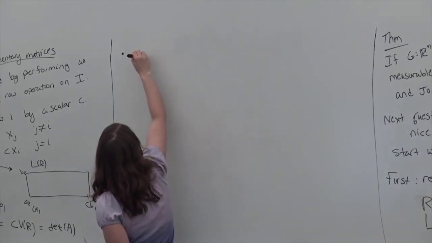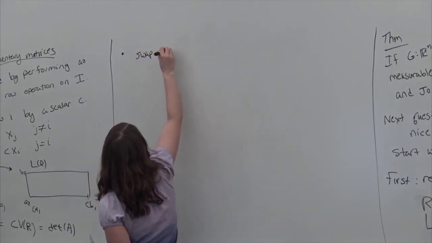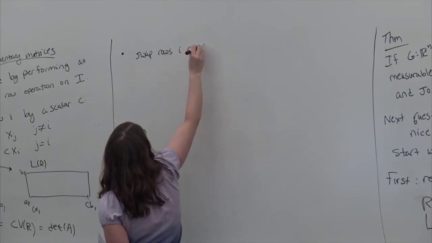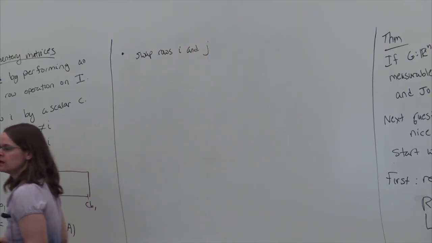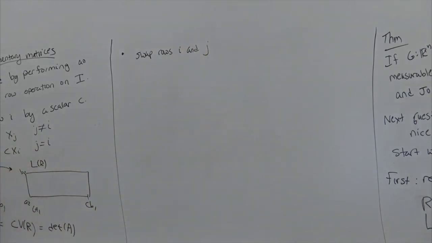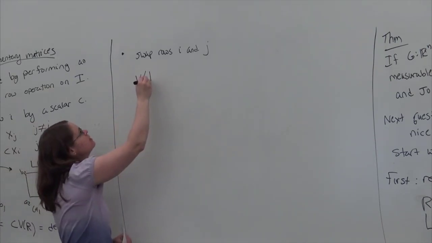So let's swap rows i and j. What does that do to the volume of our rectangle? Nothing, yeah. All we've done is taken it and kind of reoriented it. We haven't changed the volume at all. So doing this does nothing.